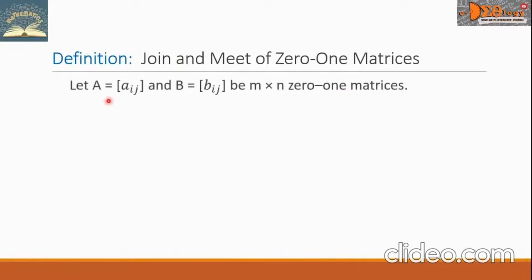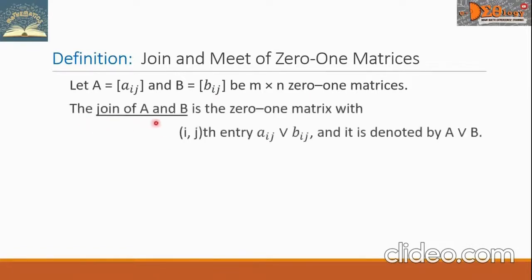Let capital A equals small a sub ij matrix and capital B equals small b sub ij matrix be m by n 0, 1 matrices.